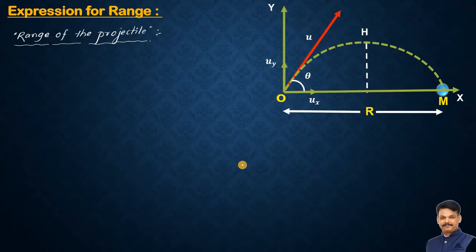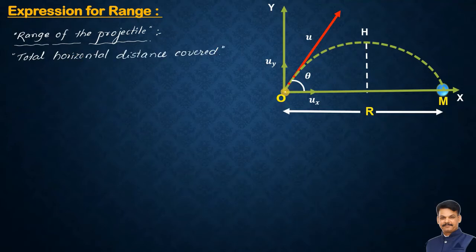Dear students, I repeat it once again: the maximum horizontal distance, or the total horizontal distance, traveled by the projectile is called its range.